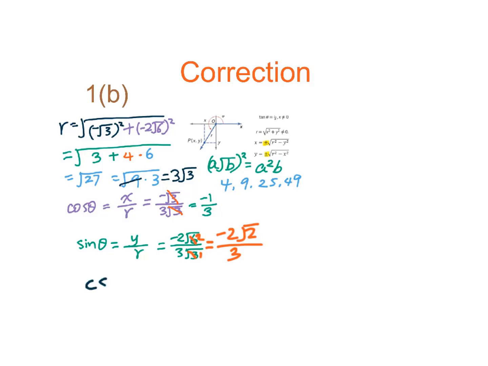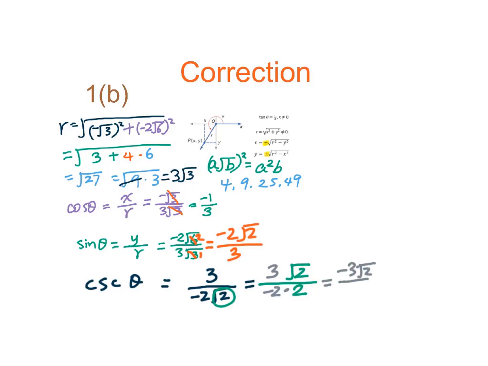Therefore, for cosecant theta equals negative 2 square root of 2. Here's 3. And we can get square root of 2 over 2 for this square root of 2. Then 3 and a negative 2 carry on. Then we got answer negative 3 square root of 2 over 4.